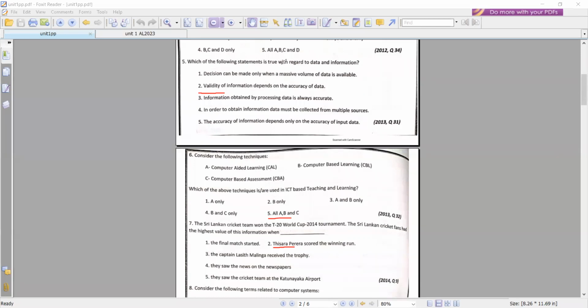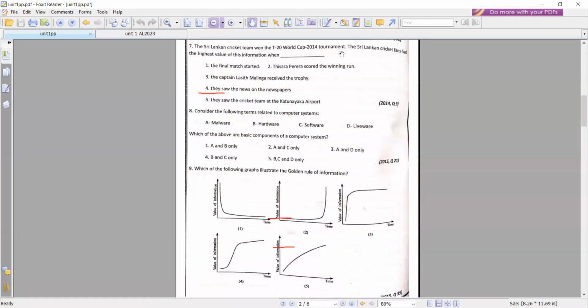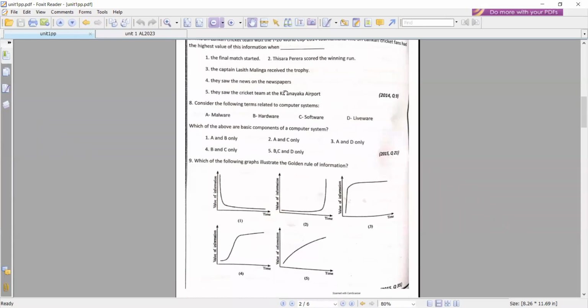Then we'll go to the eighth one. Consider the following terms related to computer systems: malware, hardware, software, liveware. Malware means harmful programs.